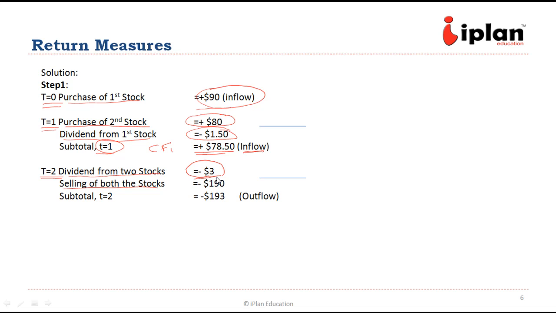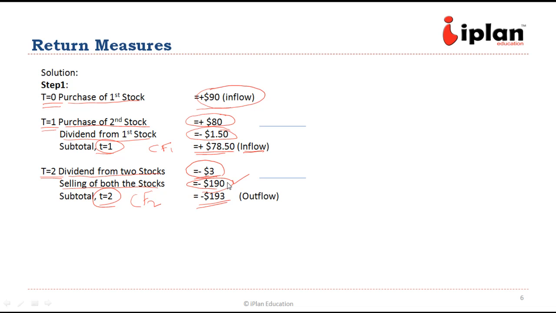The price was $95 each. So 95 into 2 is minus 190. The minus sign represents the outflow. So at t equal to 2, the cash flow is an outflow, so negative sign, 193.